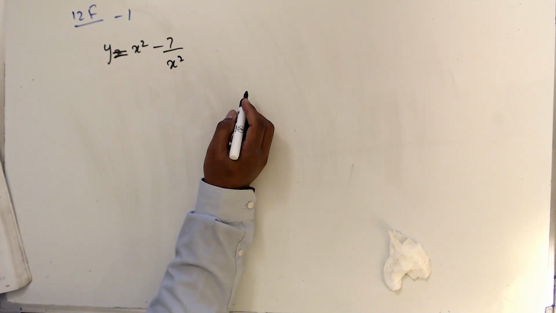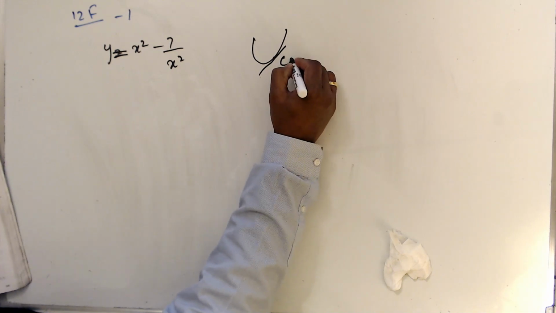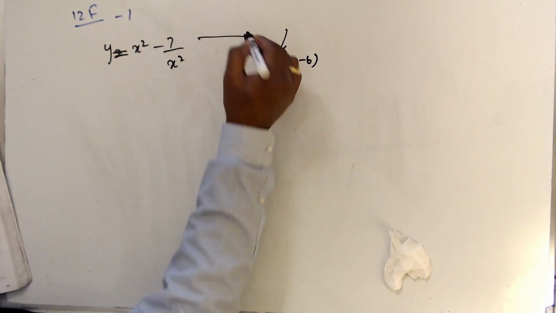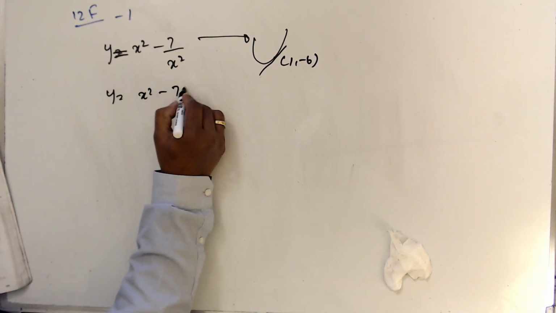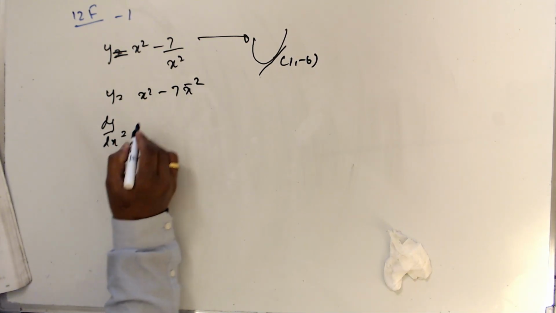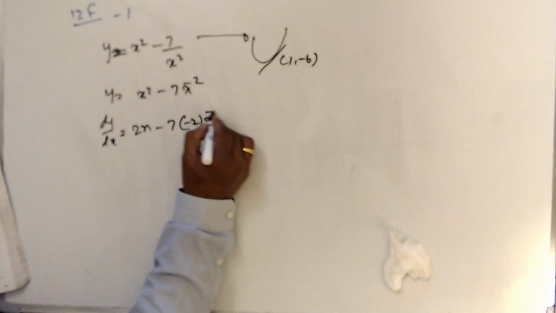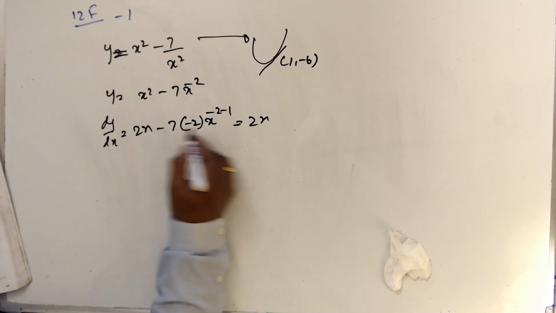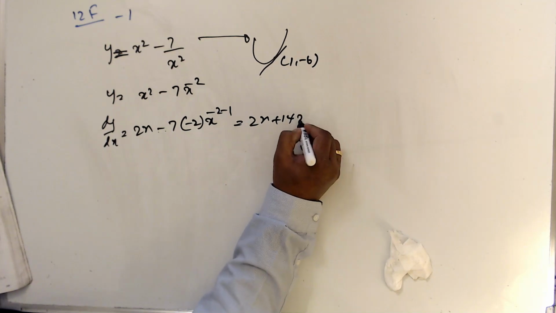Question number F. The point is 1, minus 6, and this is the curve. So we'll simplify for the differentiation. Now we'll do it. Dy dx is 2x minus 7 minus 2x to the minus 2, minus 1. So 2x, this is going to be 7 times 2 plus 14 times x to the minus 3.